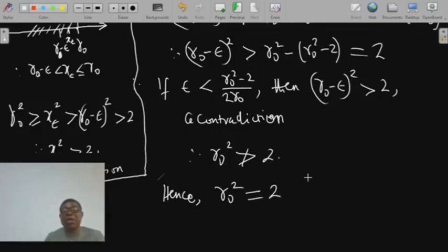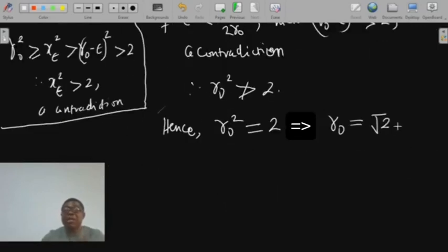And if gamma naught squared is equal to 2, then gamma naught is equal to the square root of 2. So, meaning that gamma naught is square root of 2.